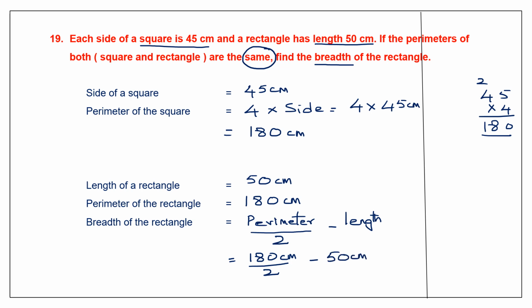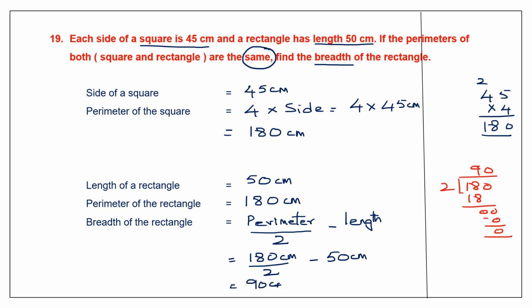So first thing we need to do is divide 180 by 2. So 180 divided by 2, we have 18 there, so 2 nines are 18, minus 0, carry the 0 on top. So we have 90. So this was 90 minus 50.